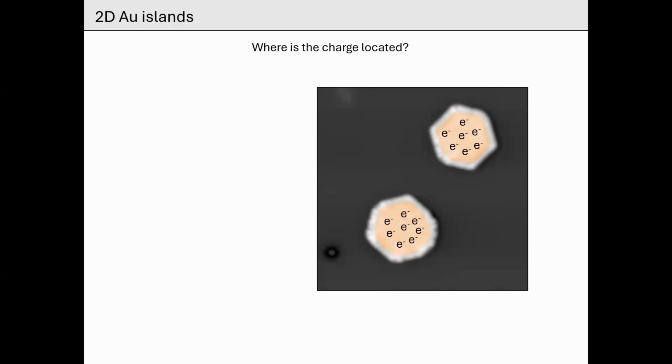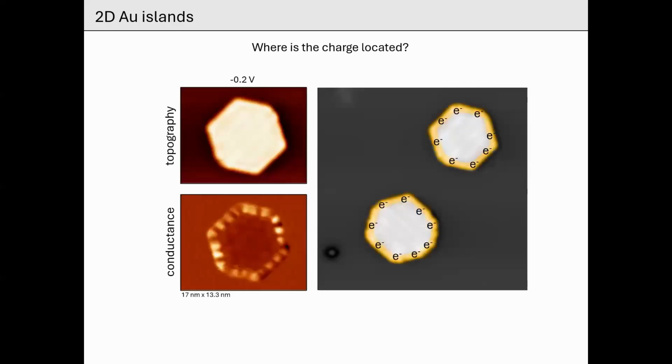So what they will do actually in these nano islands, and this is also something you can see in conductance maps here, they all go to the perimeter atoms, to the outer atoms of these gold islands. And you see also here some periodic structure. So there are so many electrons that they probably form delocalized states along this chain in the perimeter.